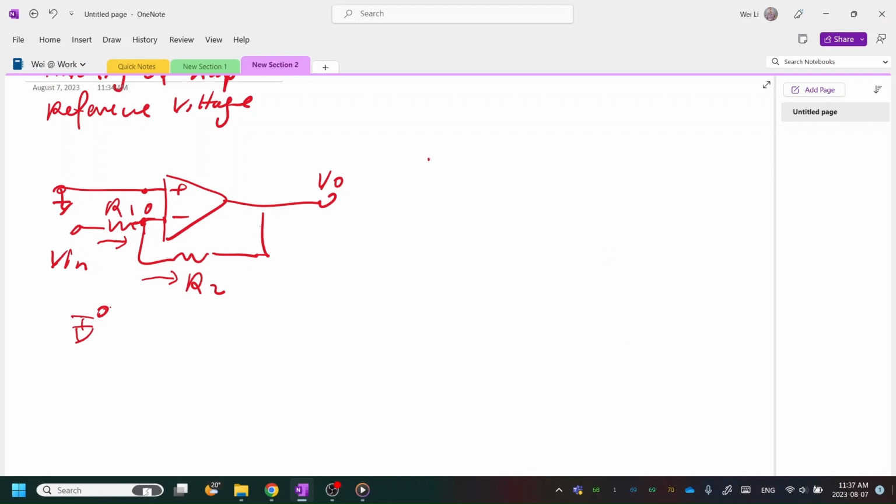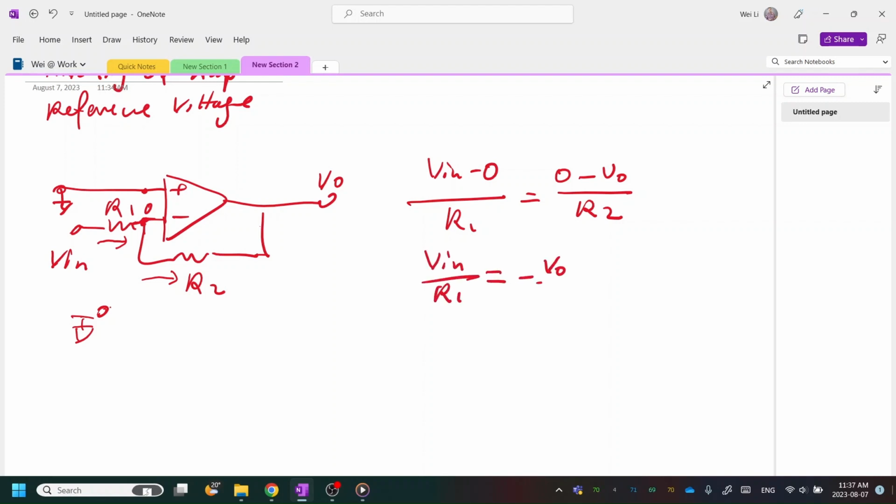We have V in minus 0 volts, divided by R1, equals 0 volts minus V out, divided by R2. Okay, and rearrange this one: V in divided by R1 equals minus V out divided by R2. And we can move the V out to this side and rearrange this.